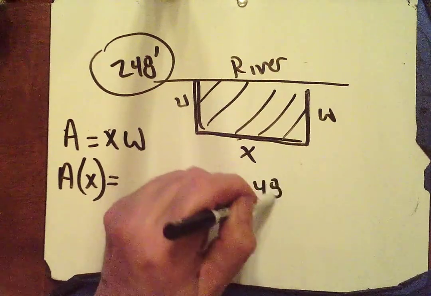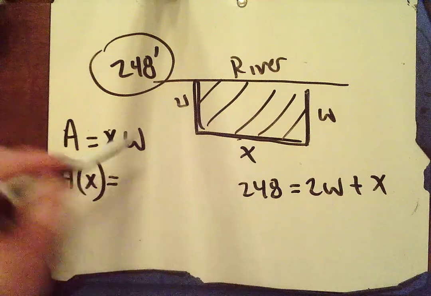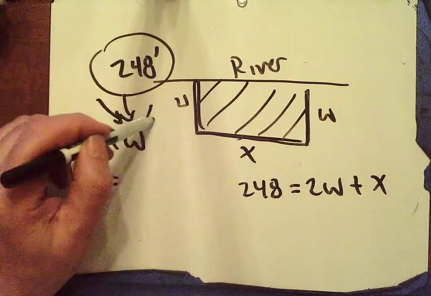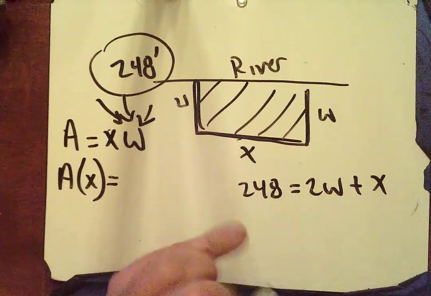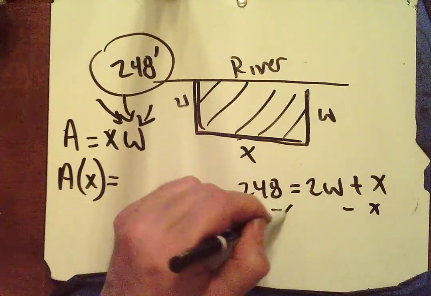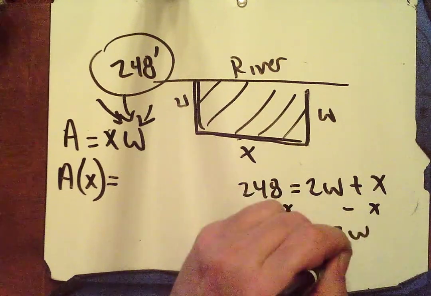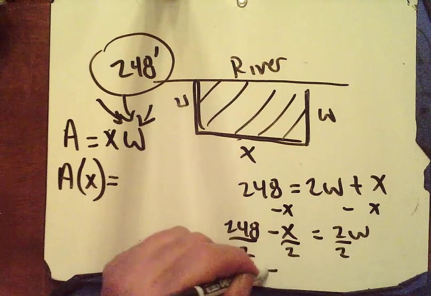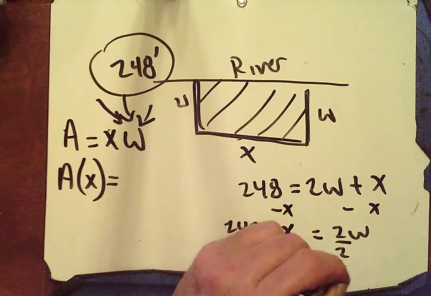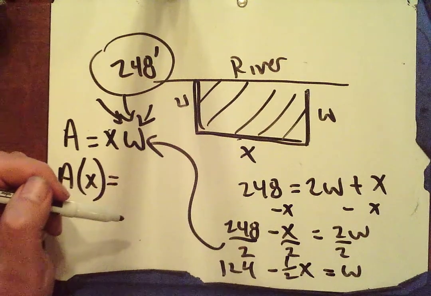So 248 equals 2w plus x. I want to get rid of w, so I want to solve this equation for w. I'm going to start by subtracting x, and then I'm going to divide by 2. So I get 124 - ½x = w. And that's what I'm going to plug in there.